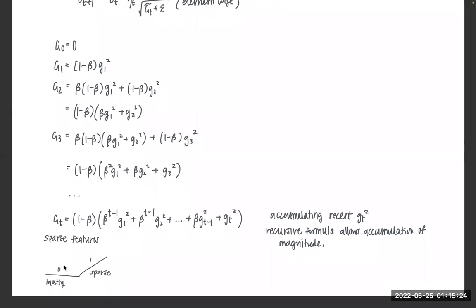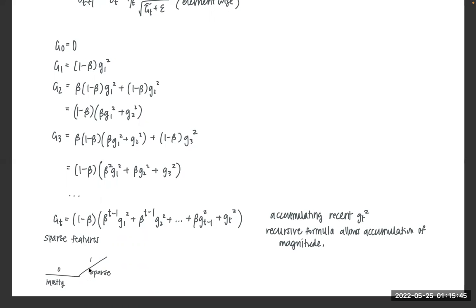This is also relevant to ReLU and the so-called sparse feature. If most of the time a particular component or neuron computed by ReLU always gets 0, then this neuron will never pass the gradient.